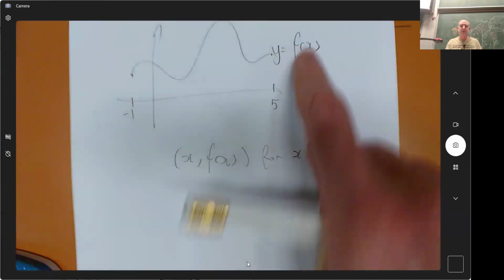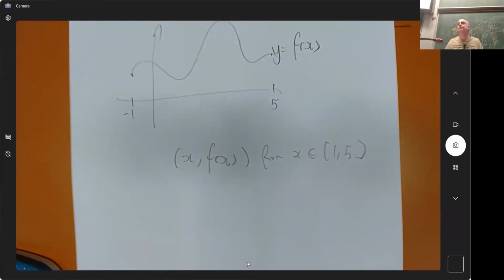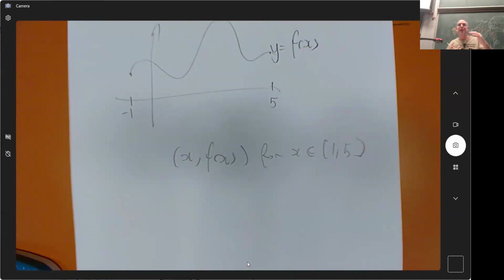Y is f of x, so I just sub that in for y. You didn't realize it, but it was a parameterization all along. Yay. It works perfectly well if your function's the other way around, like f of y, y. That could work if you had the inverse version of your function.